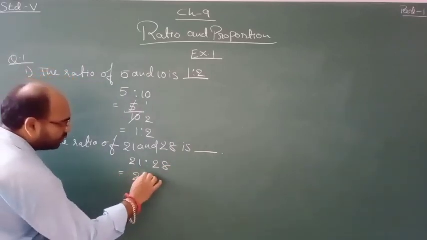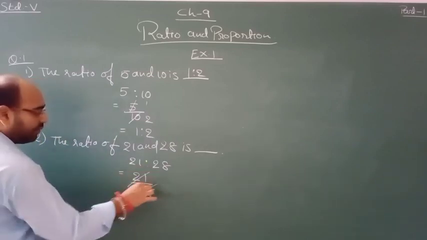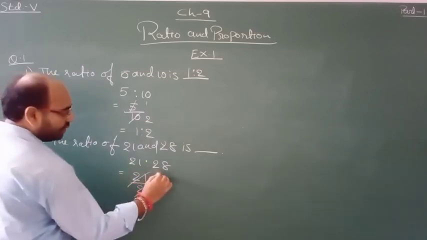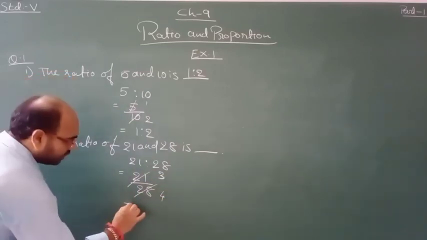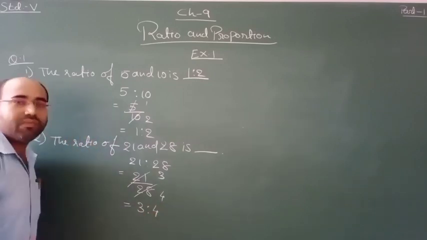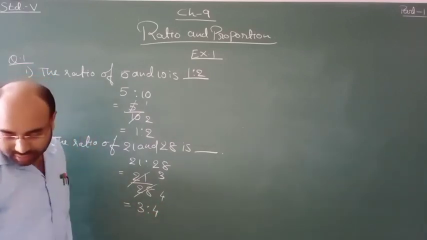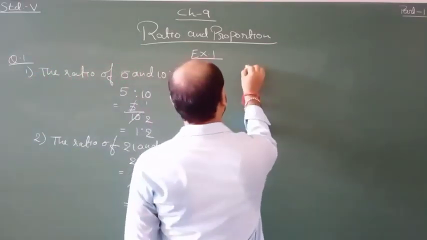That will be equal to 21 upon 28. Both are coming in the table of 7. So 7 3s are 21 and 7 4s are 28. So the ratio that we get, that is 3:4.